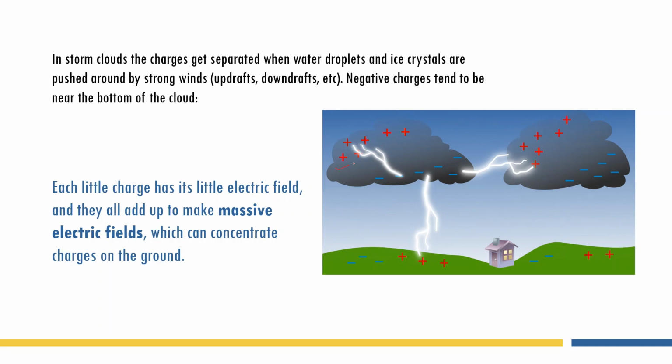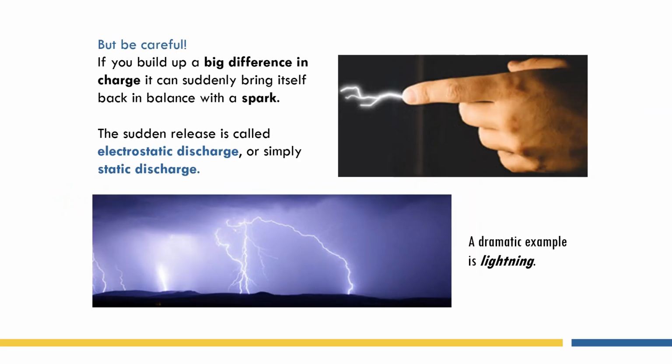As you can see here, the positive tries to go to the top, the negative to the bottom. The negative tries to move to the positive, and the positive also tries to move to the negative, and it creates the electrostatic discharge.